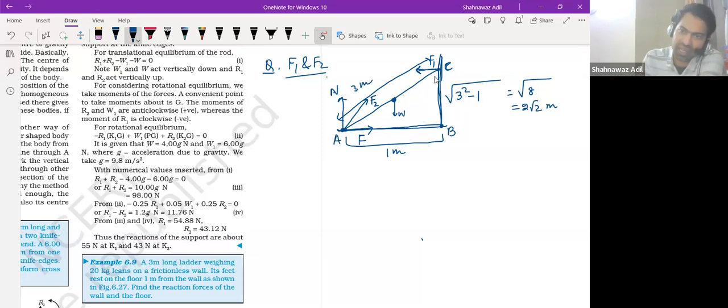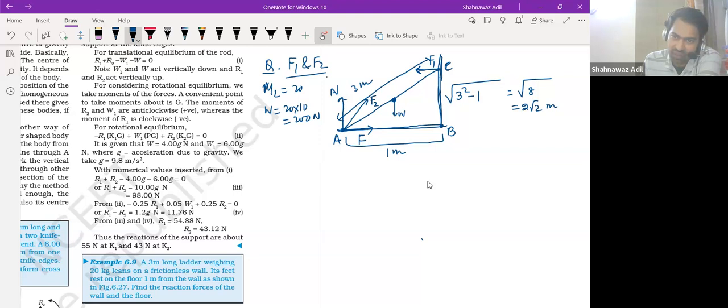And what is the weight of this ladder? The mass of the ladder is 20 kg. So the weight would be how much? 20 into 10, which is 200, right? 200. Okay, so what can we calculate?